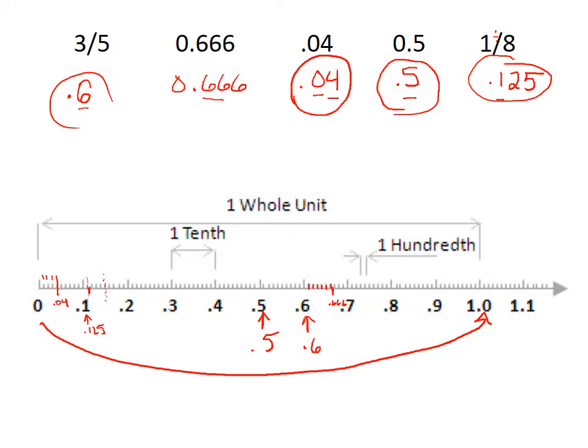Okay. So notice on this number line that when you have a whole unit, this is from 0 to 1, that can be chopped up into tenths. So here's an example of a tenth from 0.3 to 0.4.